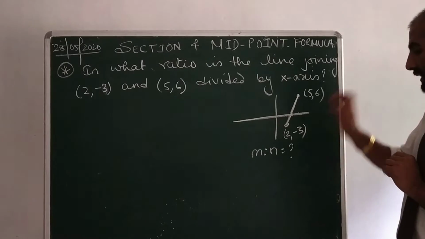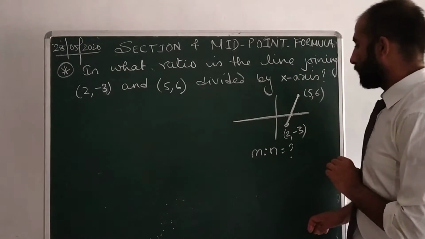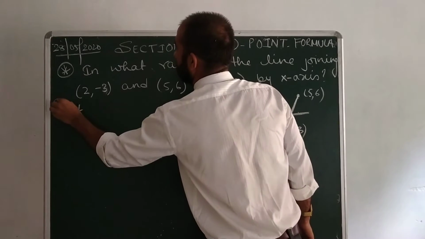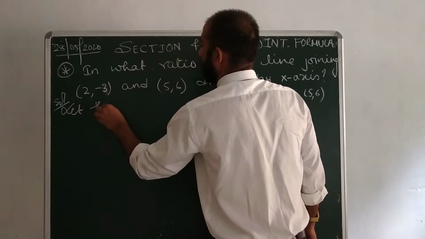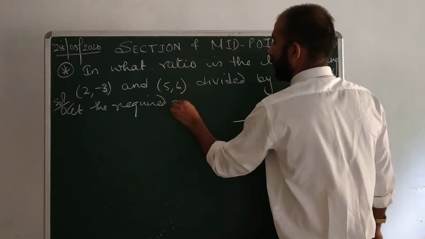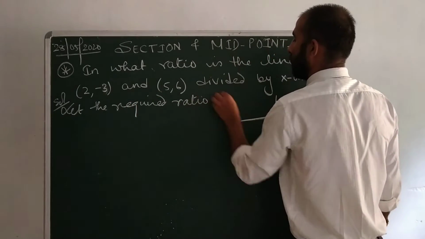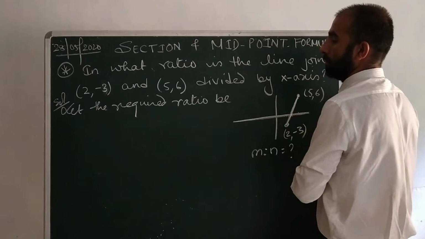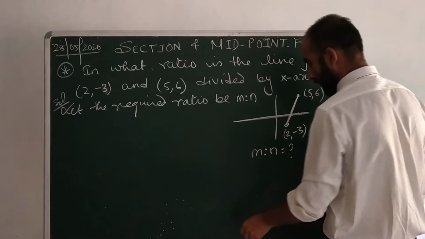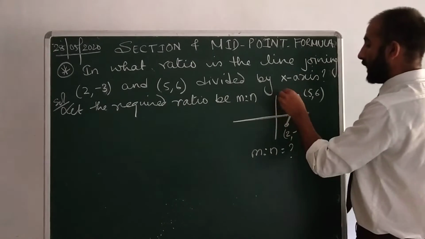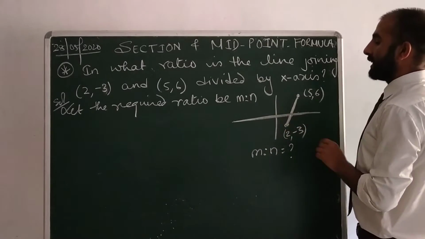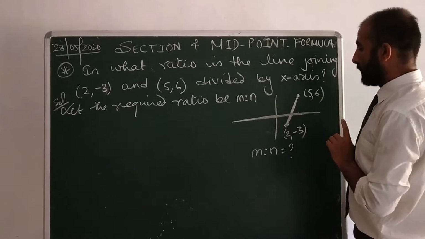Let the required ratio be m is to n. As I already told you, if a line segment is divided by the x-axis, then its y coordinate will be 0.